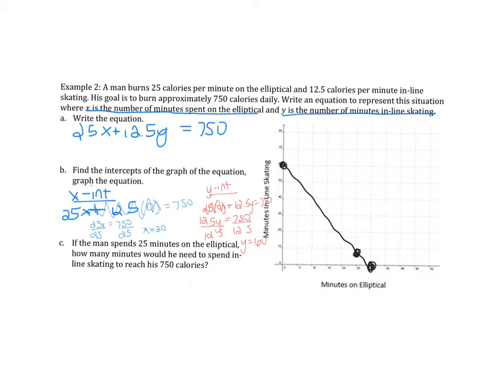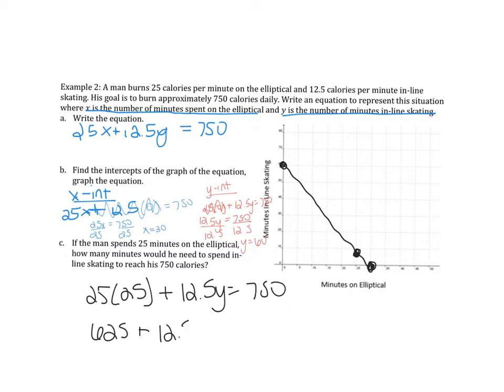But let's use our equation to really solve that. 25 minutes on the elliptical means we're plugging in 25 for x. Then we're going to multiply 25 times 25. Get 625. And then subtract that 625 from both sides.